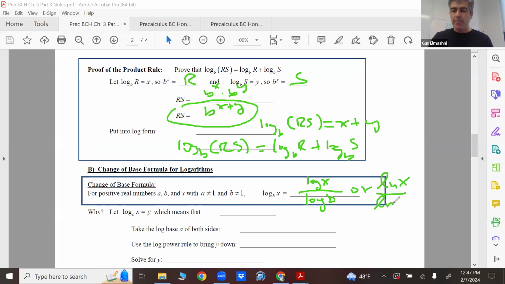It's called the change of base formula. It could really be any base you want. I don't know why you'd do this, but you could do log base A of X over log base A of B. So that could work too.